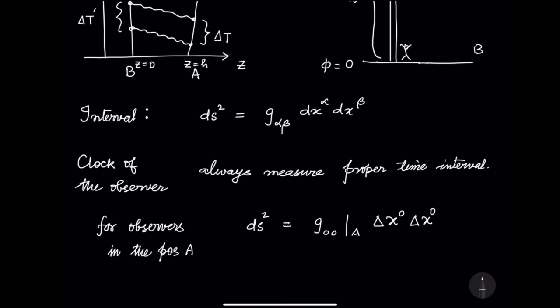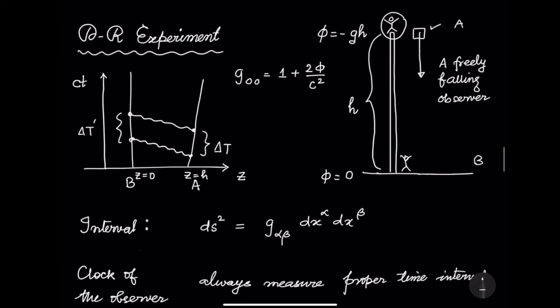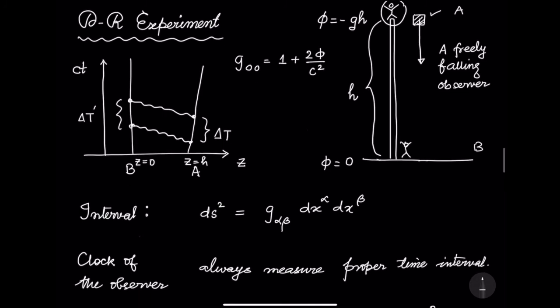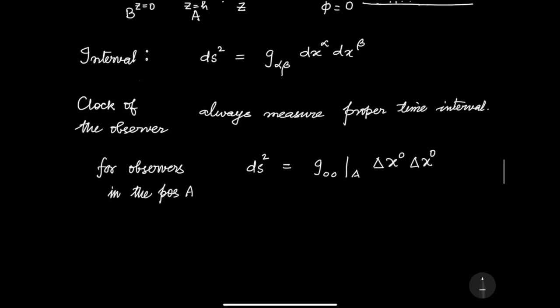The two events are the two consecutive ticks of the clock of this freely falling observer. These two events happen almost at the same time. The spatial separation I can forget about. So only the g00 component survives.